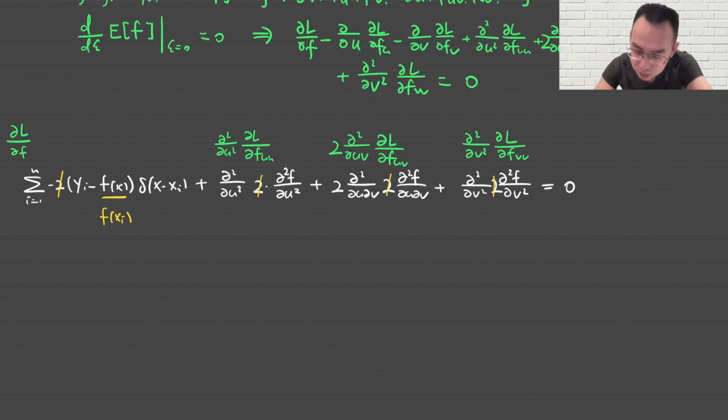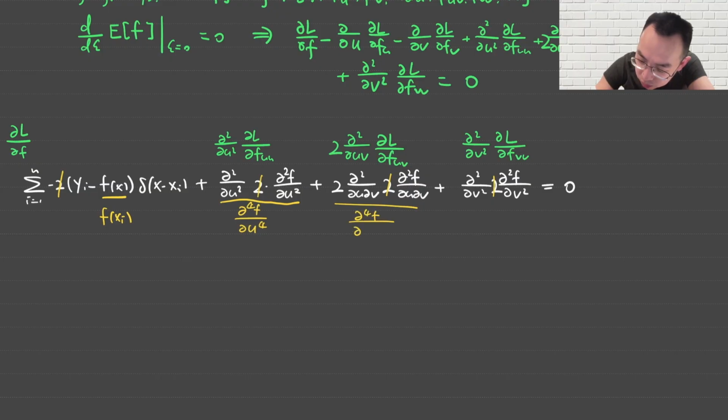And then the next thing is that for these terms, we now have the second derivative operator acting on a second derivative. That's going to give us a fourth derivative. So it's going to be the fourth derivative of f, two partial of u and two partial of v.